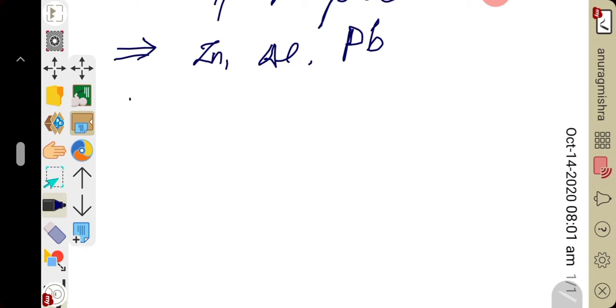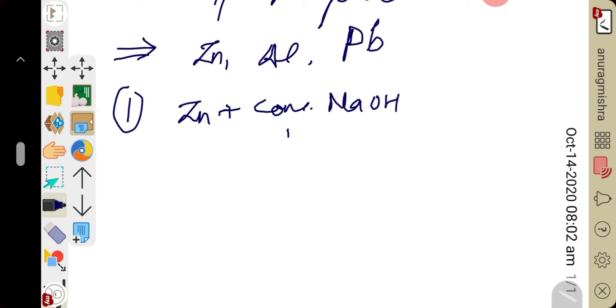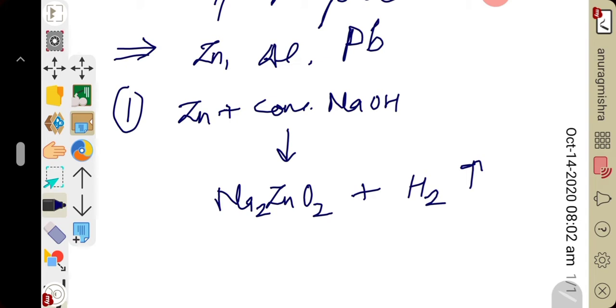First, the reaction of zinc with alkali like sodium hydroxide. Actually, the alkali is in the form of a concentrated solution. So zinc with concentrated sodium hydroxide forms sodium zincate, Na2ZnO2, and hydrogen gas is released.